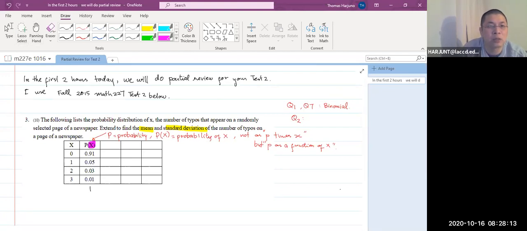This is P, probability of X. P times X, which is our next extension, will be written Px as usual, without parentheses.